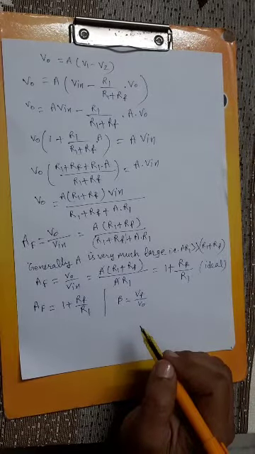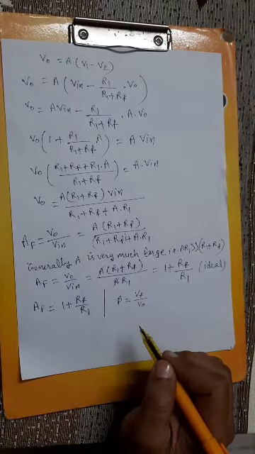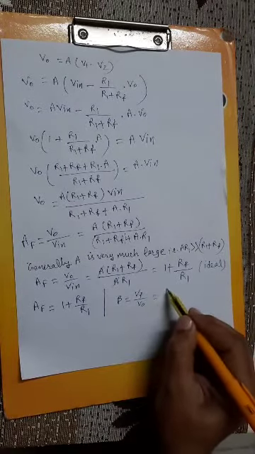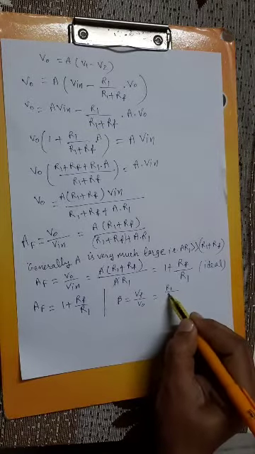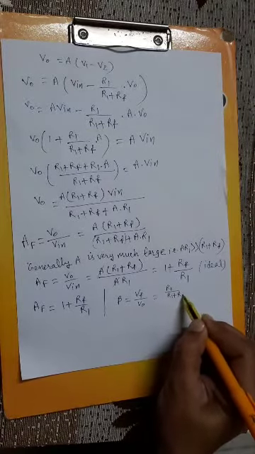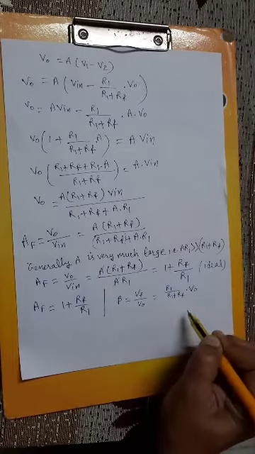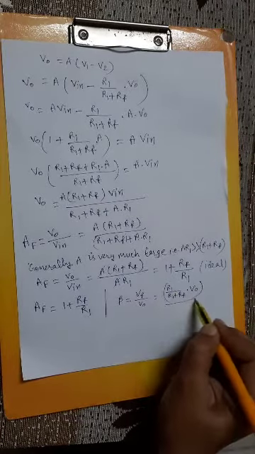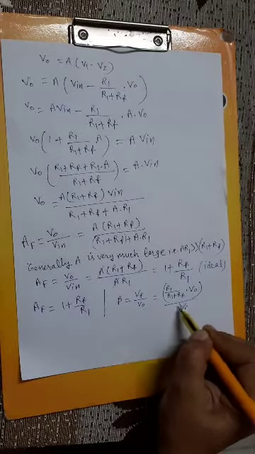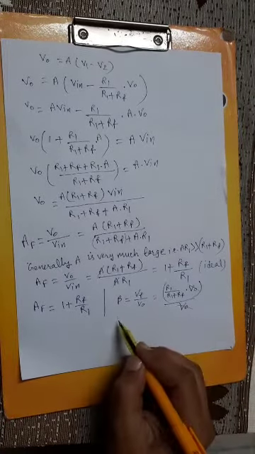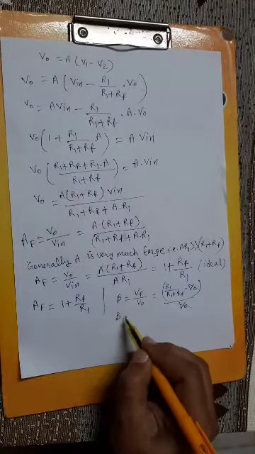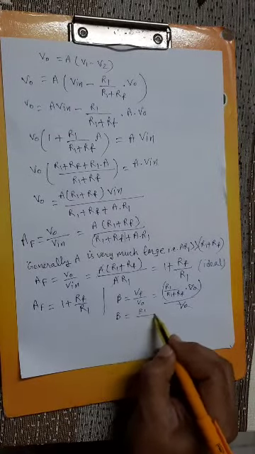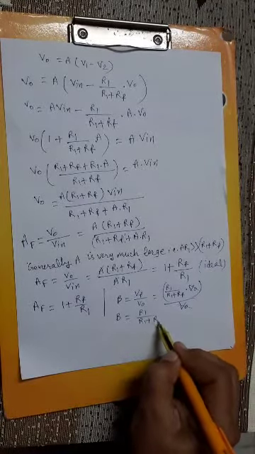You can write this Vf as R1 by R1 plus Rf into V naught, and divided by V naught, we can cancel this V naught. So beta is equal to R1 by R1 plus Rf.